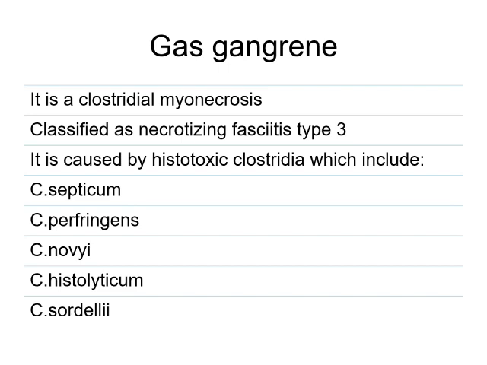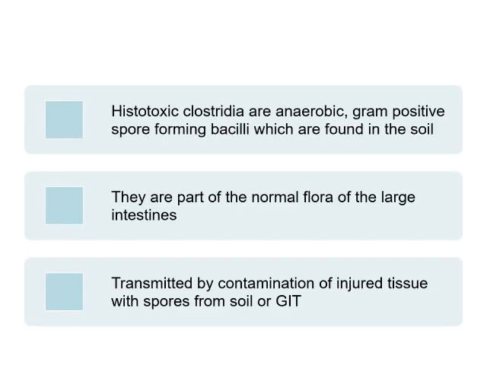It is caused by histotoxic Clostridia, which include Clostridium septicum, Clostridium perfringens, Clostridium novyi, Clostridium histolyticum, and Clostridium bifermentans. Histotoxic Clostridia are anaerobic, gram-positive, spore-forming bacilli, which are found in the soil.